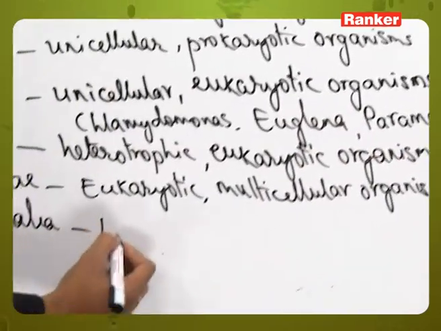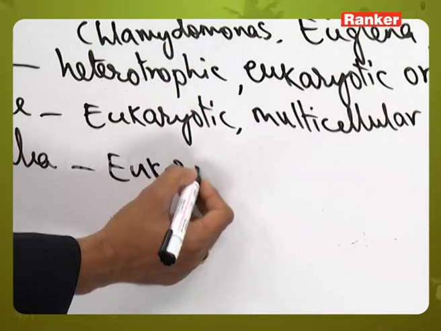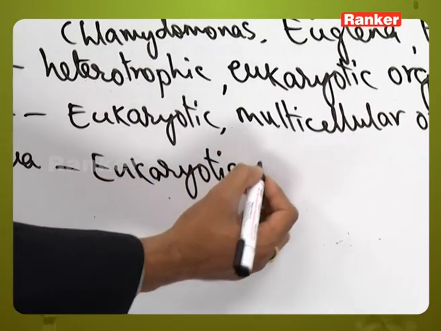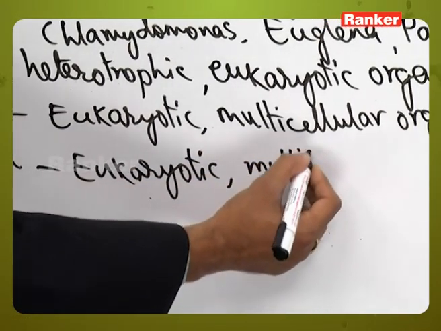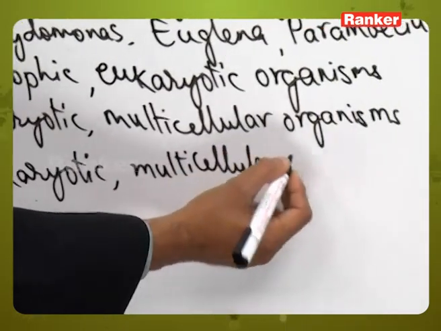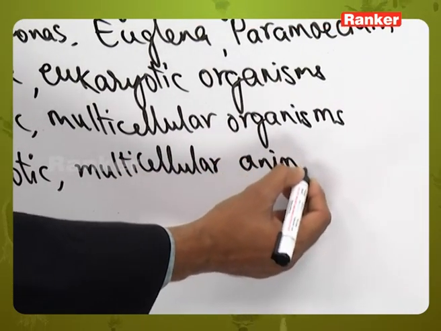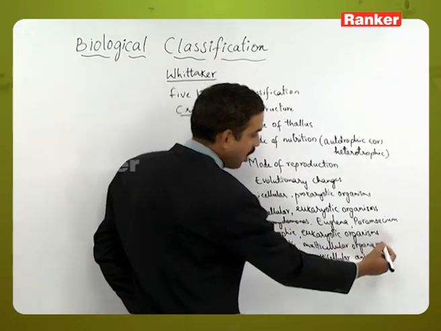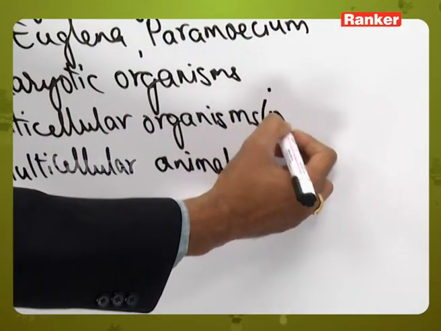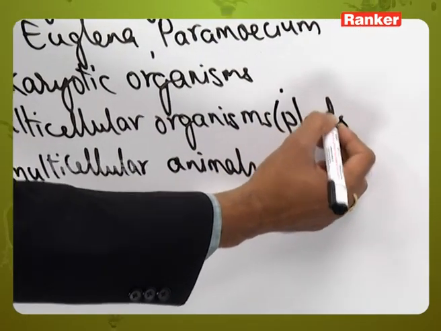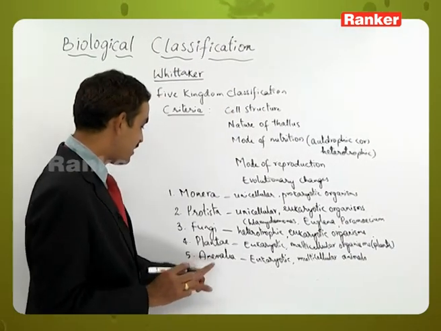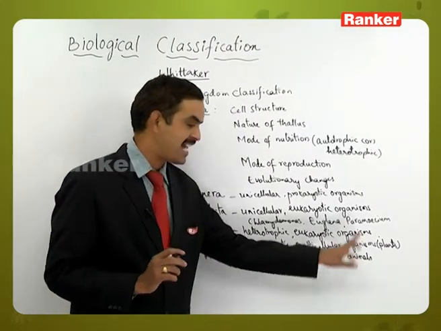Whereas Animalia includes eukaryotic, multicellular animals. So in Plantae, the organisms include only plants, excluding animals, whereas in Animalia, eukaryotic, multicellular animals were placed.